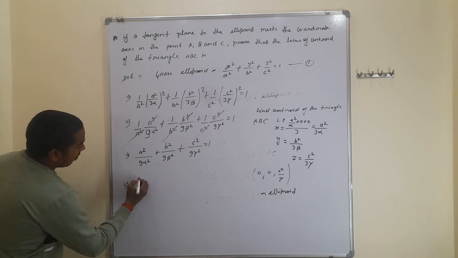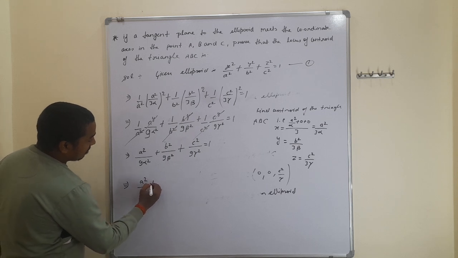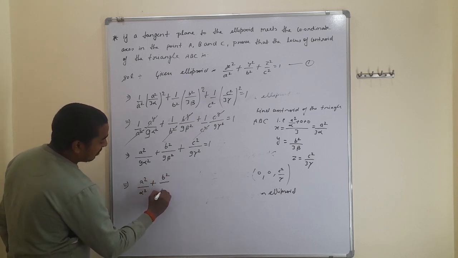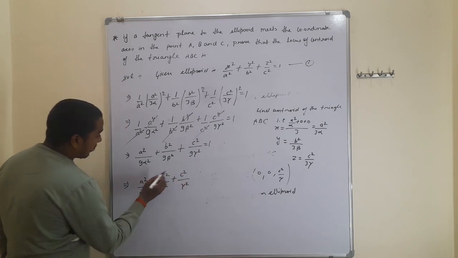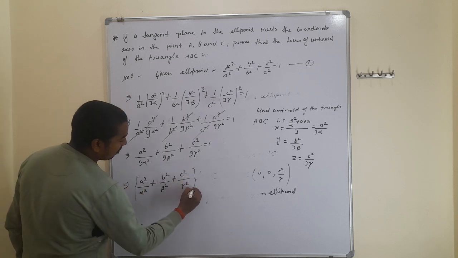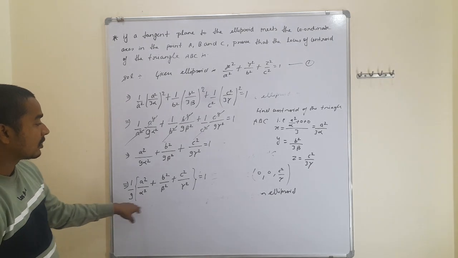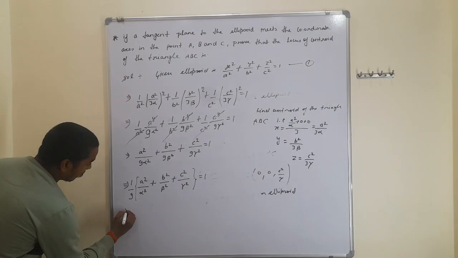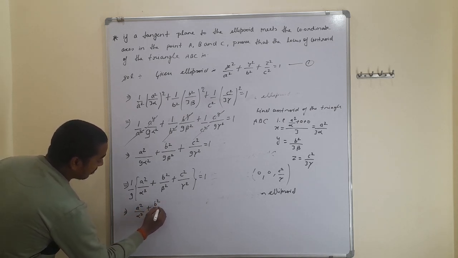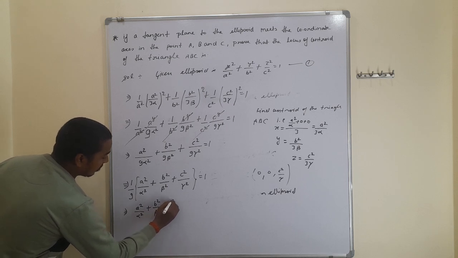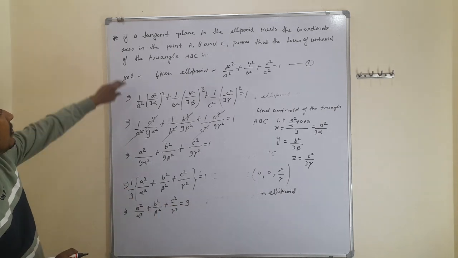Taking 1 by 9 common, that is a square upon alpha square plus b square upon beta square plus c square upon gamma square is equal to 9.